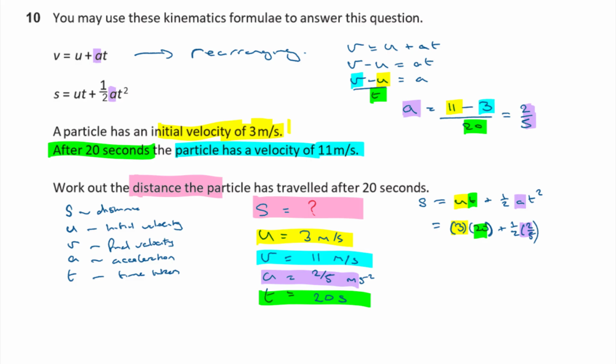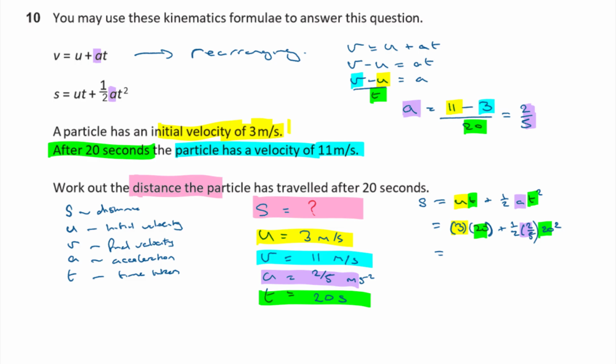And then t squared. What was t squared? T squared is 20 squared then, isn't it? Okay, so then we just need to tap that all into the calculator and work out what it is. So I got 3 times 20 plus a half.